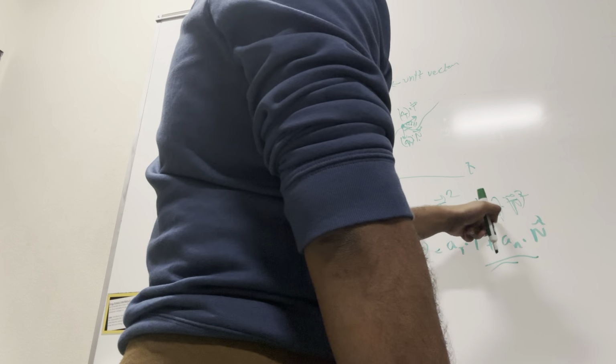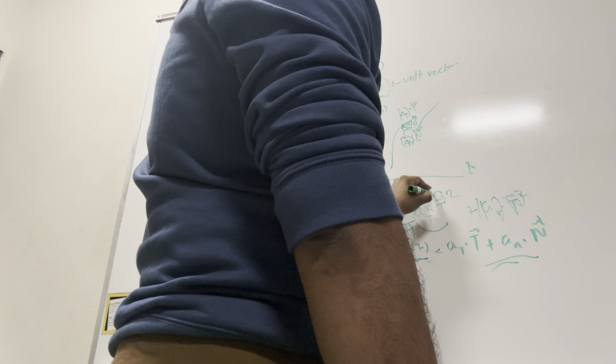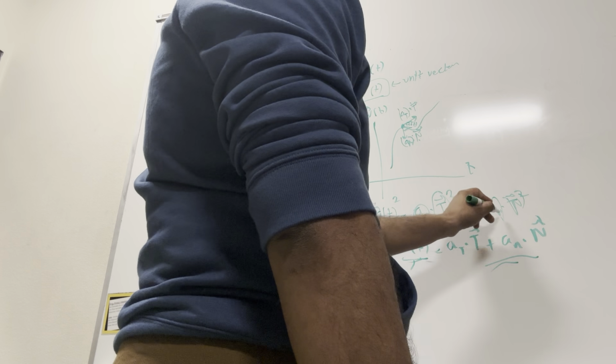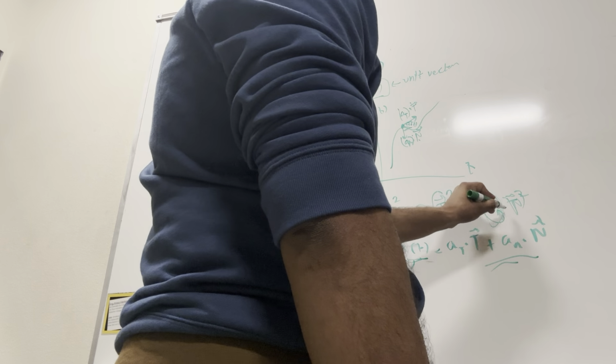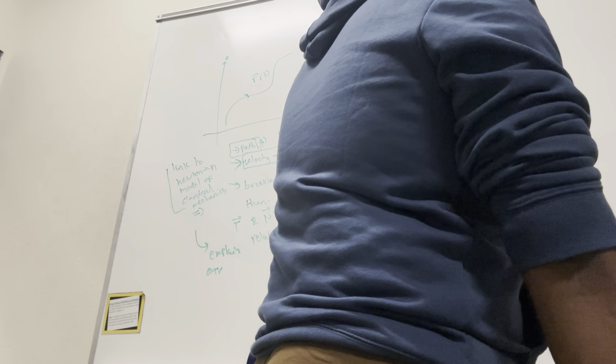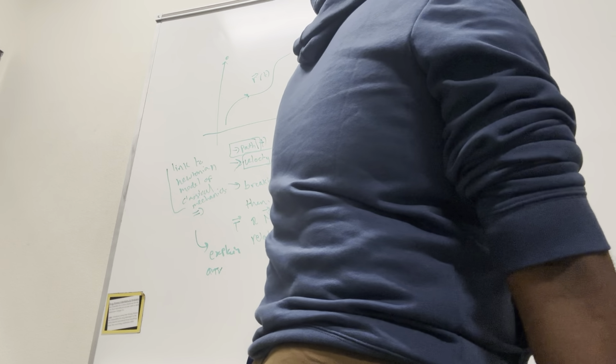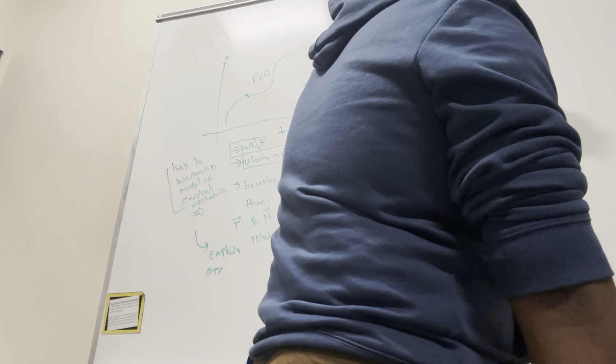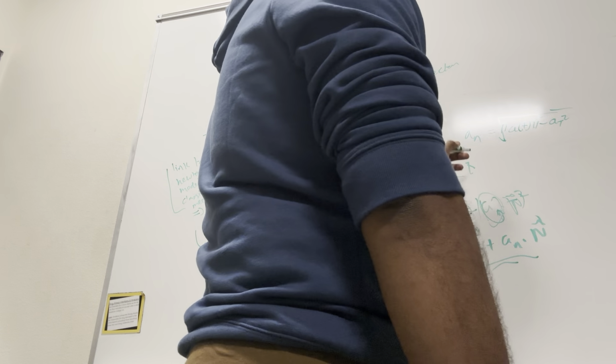We could find the scalar, because a sub t and the tangential vector are easy to find, and we can always utilize the Pythagorean theorem to find the scalar a sub n. So a sub n would basically just be the magnitude of your acceleration at that point squared minus the magnitude of the tangential scalar squared. Once you have this, you have all the information required to find the unit normal vector.